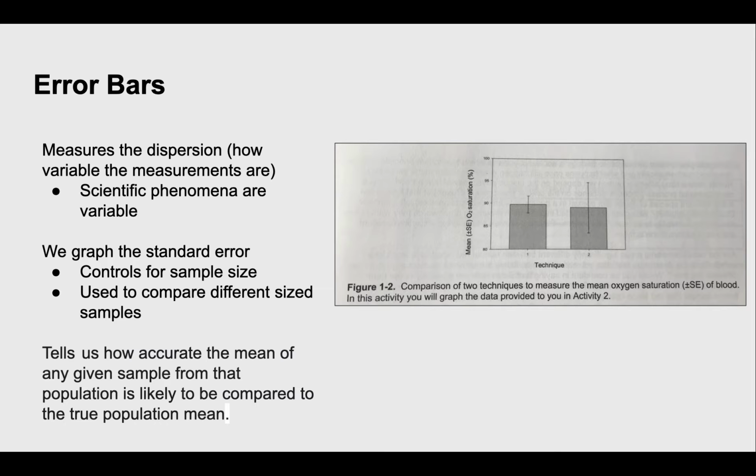If I was looking at that and thinking, which technique is the most accurate, or which one should I use, I might lean towards the one that has the smallest error bar, because it's closer to that mean every time I do it. So we're going to include error bars on our graph. I've actually set up the document, so that's going to be automatically calculated for you. It's just going to populate for you.